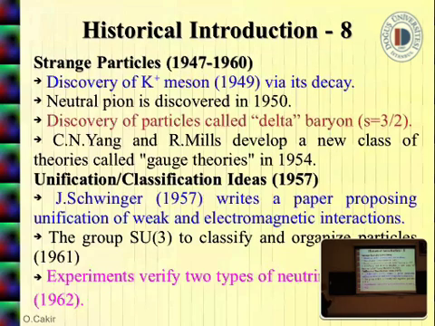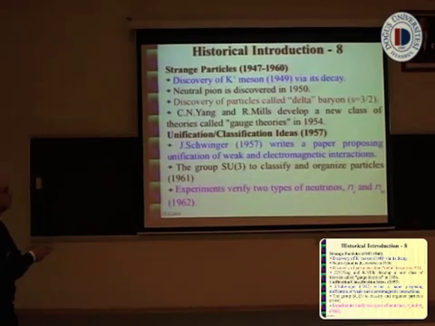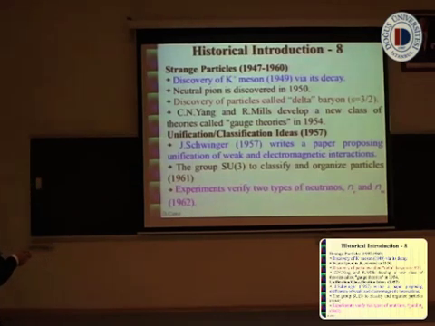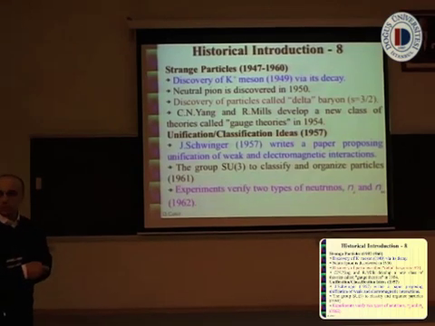The neutral pion is discovered in this year, and the delta baryons, which are spin 3/2 particles, a higher excitation, are discovered. Yang and Mills developed a new class of theory called gauge theories in 1954.